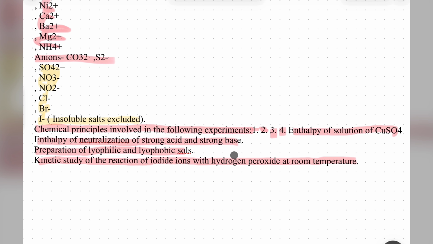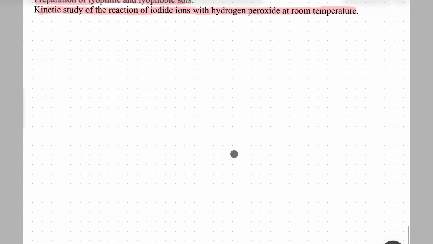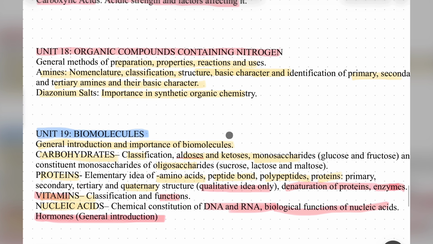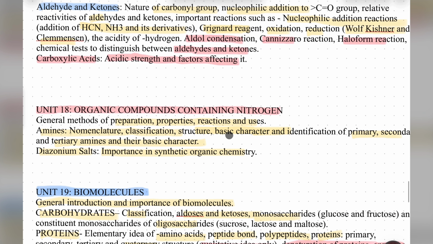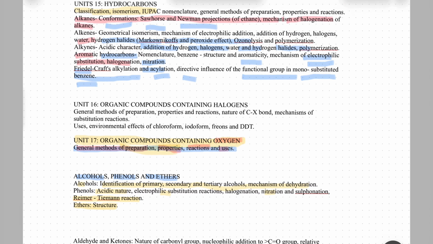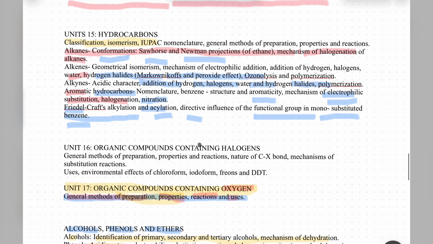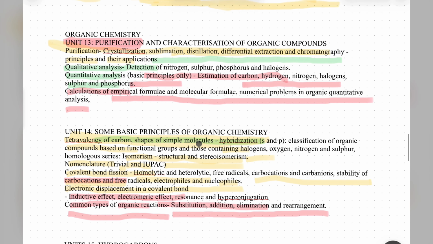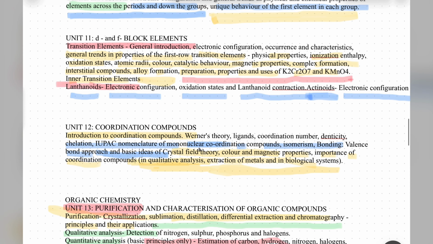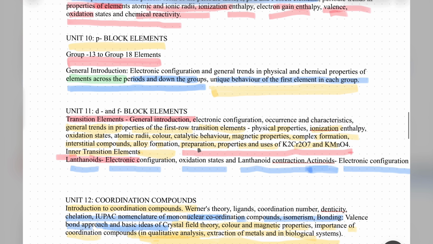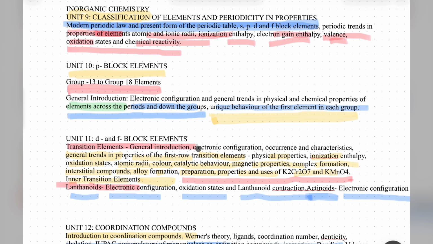This is the complete syllabus for your JEE Mains. Students, check it out once. There are 20 units, and everything is very important. Some concepts are added and some are deleted, especially in organic chemistry. Most of the concepts are there, but in organic chemistry some concepts lack clarity.